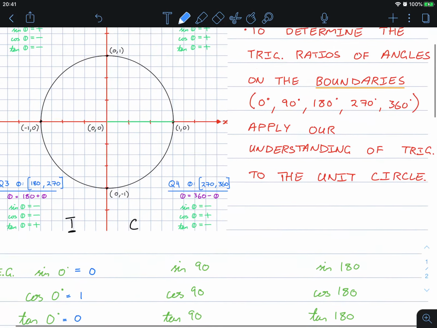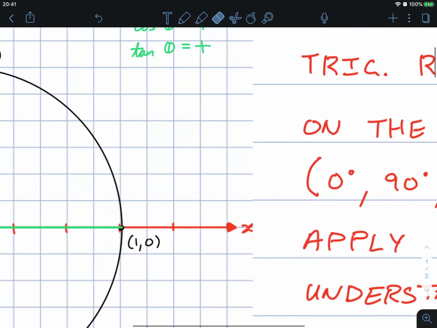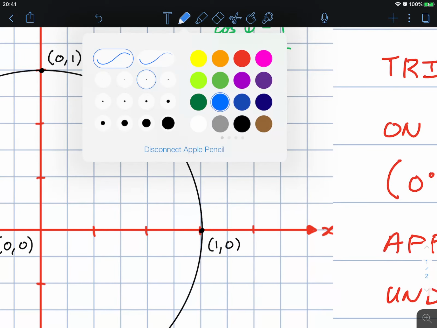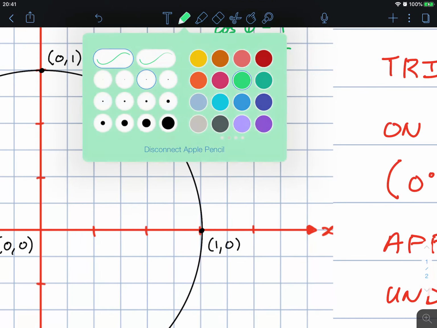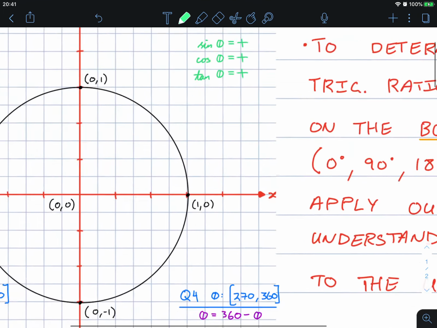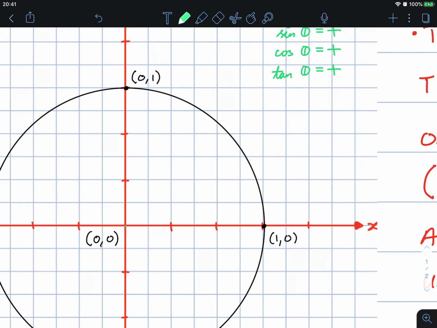Let's apply the same logic to sine, cos, and tan of 90 degrees. So let's make our initial angle. Here we go. And 90 degrees goes all the way up until it's straight up like this.